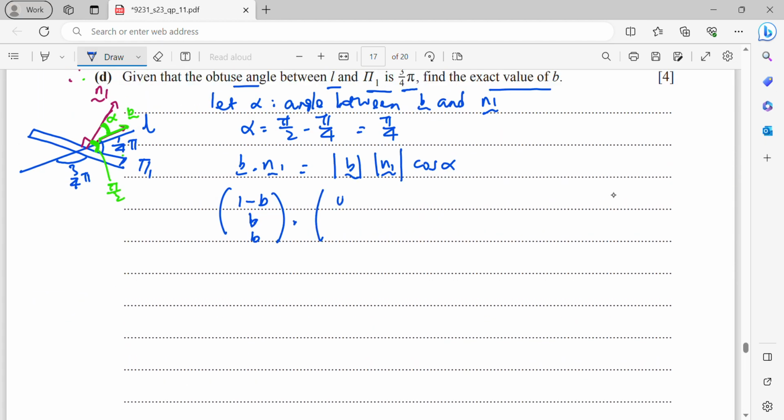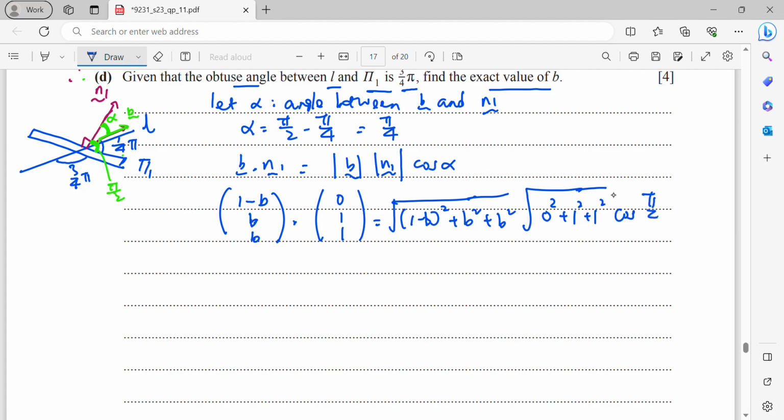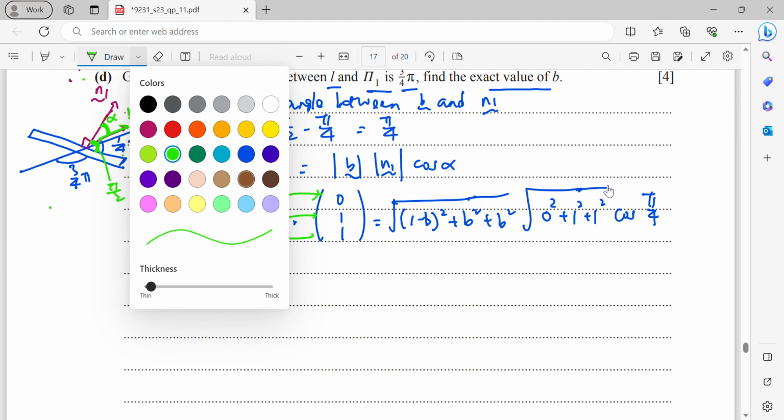So here, (0, 1, 1) equals the magnitude of B, so the square root of (1 minus b) squared plus b squared plus b squared, times the square root of 0 squared plus 1 squared plus 1 squared, times cos alpha, where alpha is pi over 4. So from here, I need to simplify. For the scalar product, you multiply and then add all together.